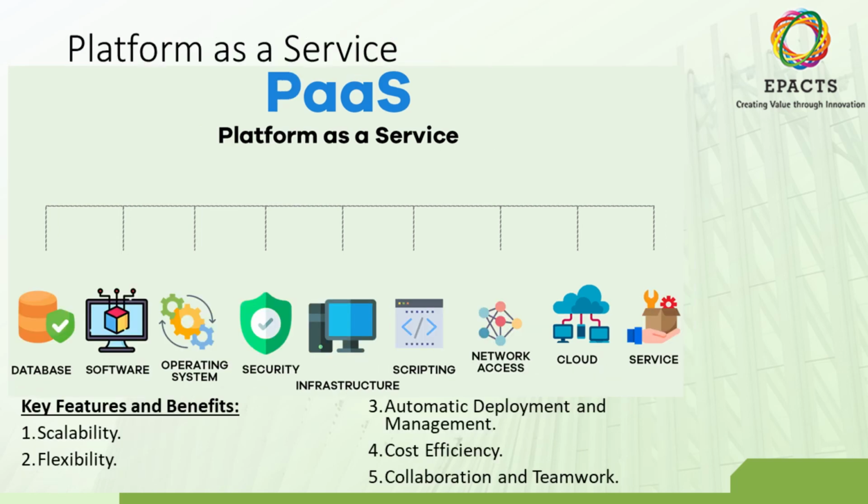Now, if we go one step further, we have what is called platform as a service. On platform as a service, the service provider provides you with not only an environment where they manage the operating system, but they also provide you with the application platform.